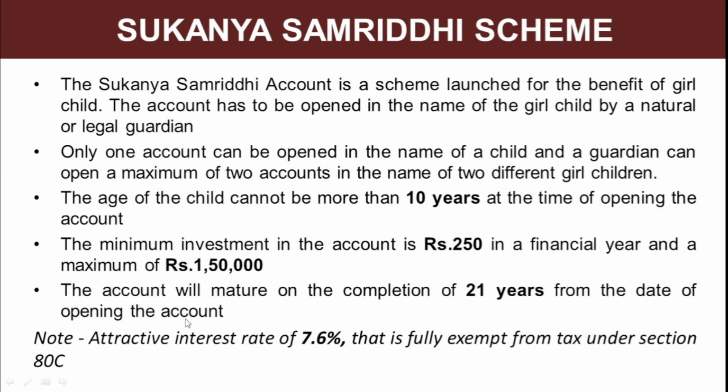And the account also allows 50% withdrawal of the money at the age of 18 for higher education purpose of the girl. So when the girl child becomes 18 years of age, 50% withdrawal of the amount that has been deposited is allowed. And again, as I mentioned, if the girl reaches the age of 10, after that she can operate her own account.